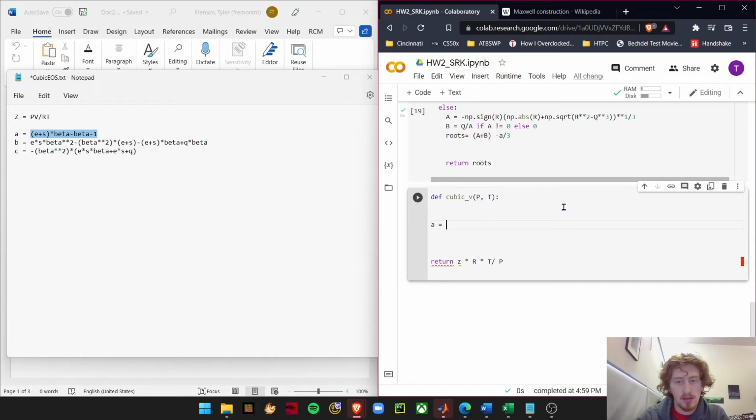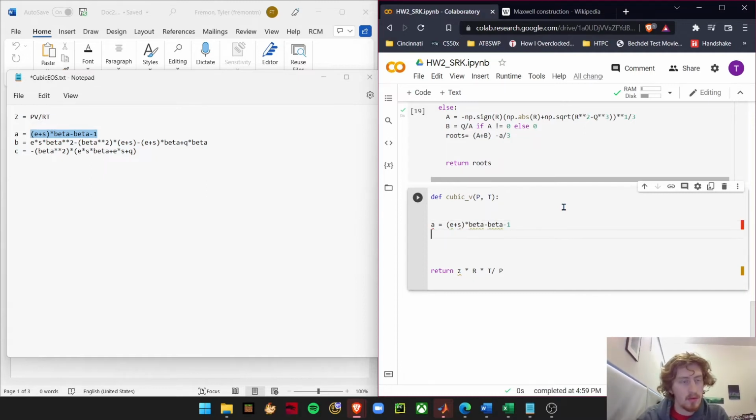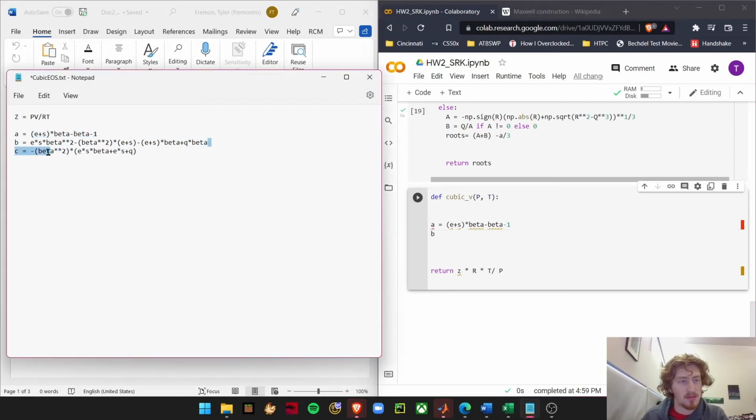A will be equal to epsilon plus sigma times beta minus 1. Our B is a bit longer. I might just copy and paste this one to save me the typing.